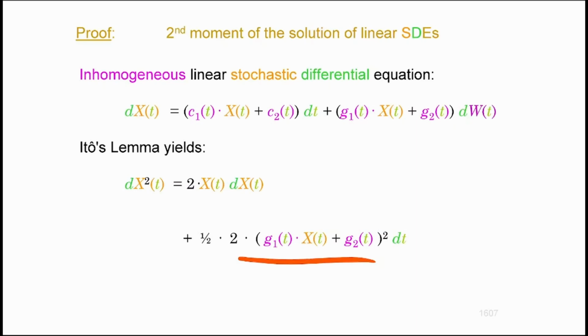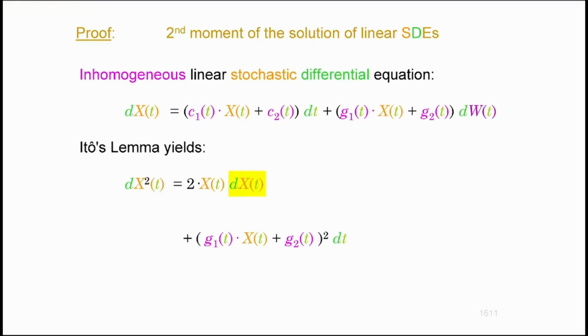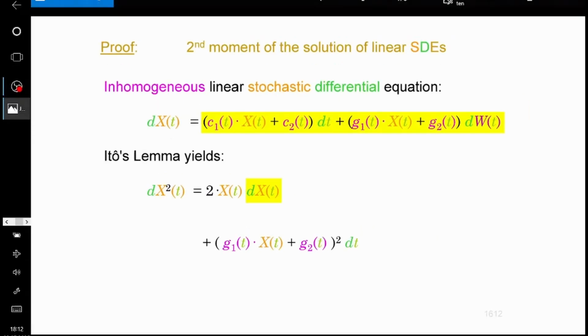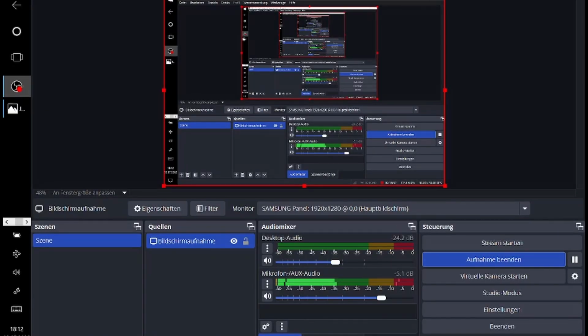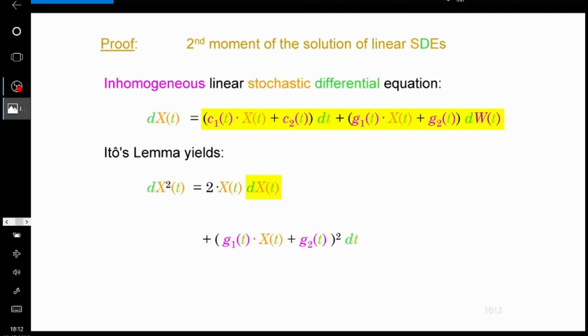If that was 0, then you would not see it. I don't need to say that 1/2 times 2 is equal to 1, so I'll take it out. And now I'm going to replace it by the big expression there. Just a moment, let me check that everything works fine.